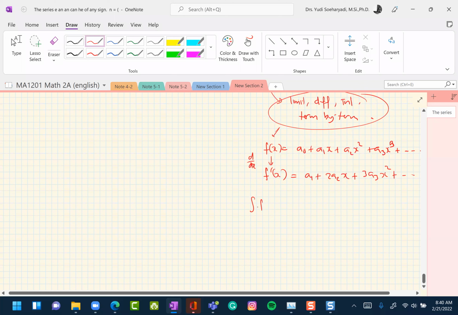And you can also do integration, what about this one? From 0 to t, for example. Well, that's the same.